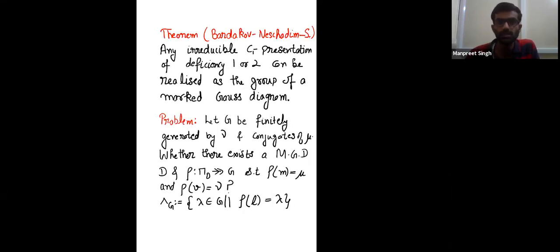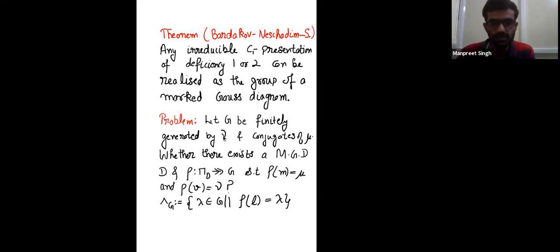So we have proved that if we are given any irreducible CM presentation of deficiency only 1 and 2, then we can find a marked Gauss diagram whose group is isomorphic to the given one. So one can think of this Gauss diagram as a kind of completion to achieve these CM groups.